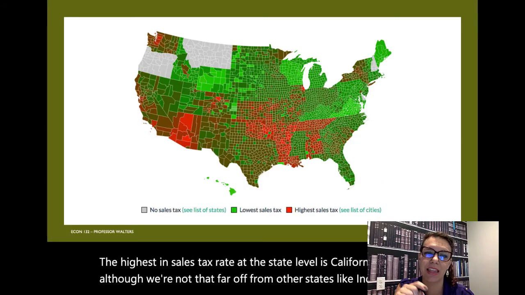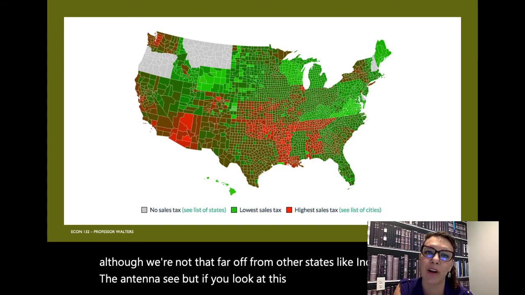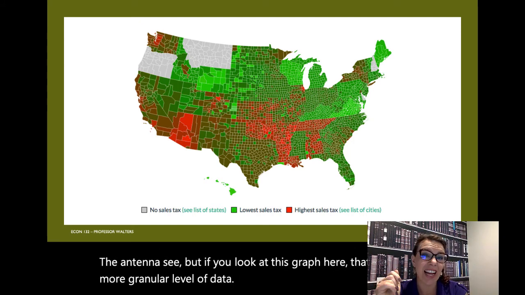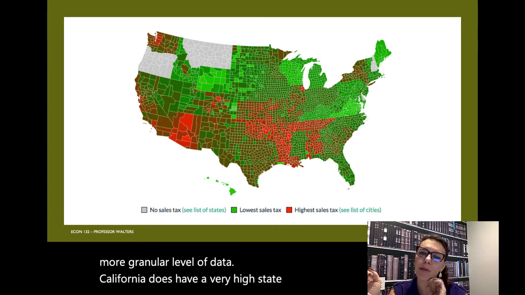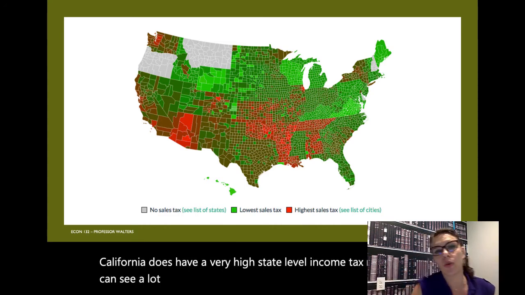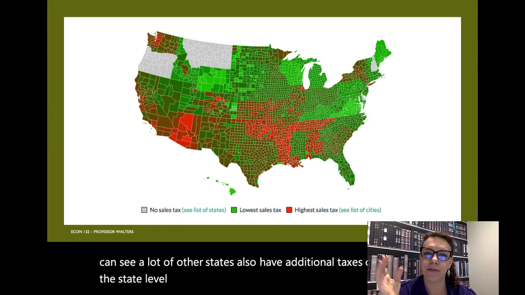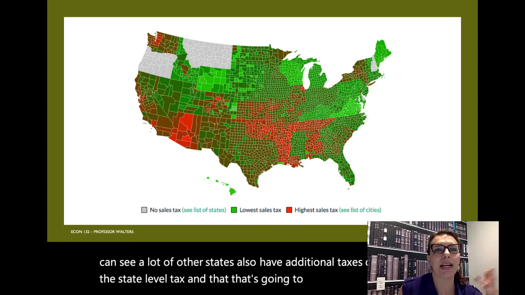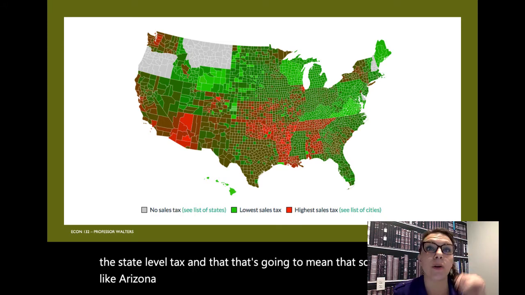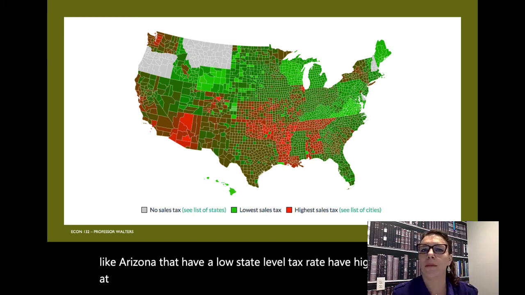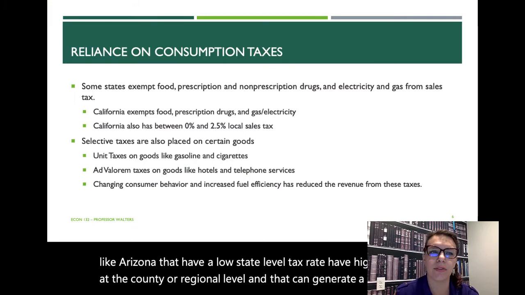But if you look at this graph here that shows a more granular level of data, California does have a very high state level tax rate, but you can see a lot of other states also have additional taxes on top of the state level tax, and that's going to mean that some states like Arizona that have a low state level tax rate have higher taxes at the county or regional level, and that can generate a lot of additional tax revenue.